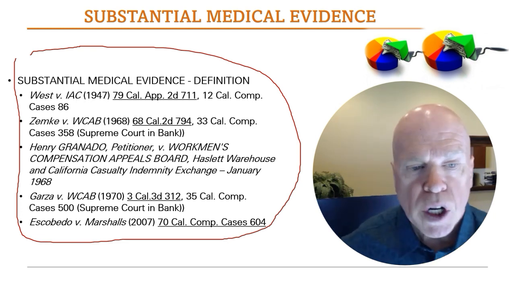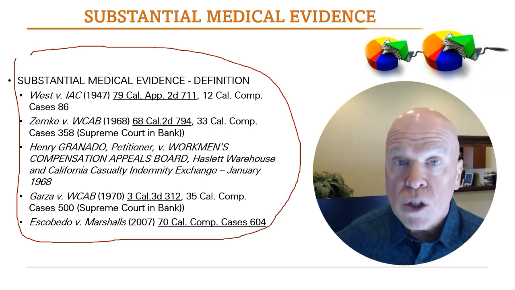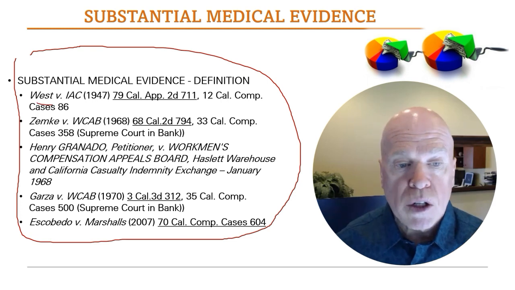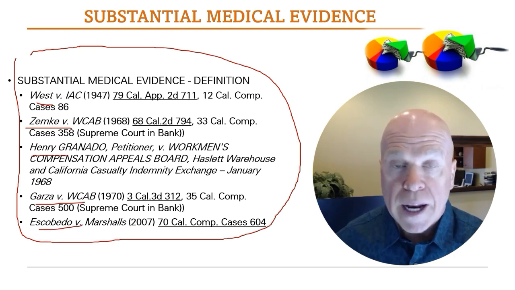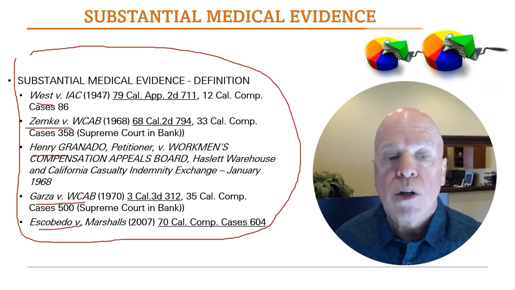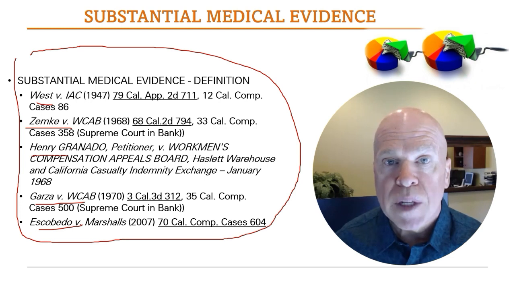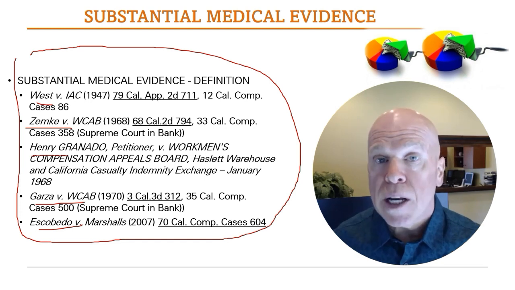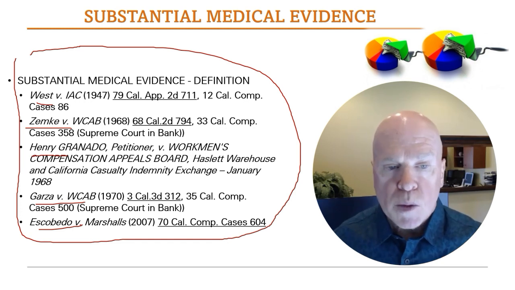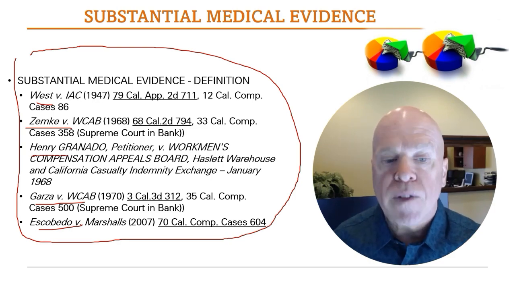And I just want to share with you some of the teaching principles and take-home messages from each of these cases as relates to the concept of substantial medical evidence and how you can use these citations from these cases in formulating your own apportionment approximate percentages and in substantiating those percentages with substantial medical evidence. So let's take a look at a few of these.